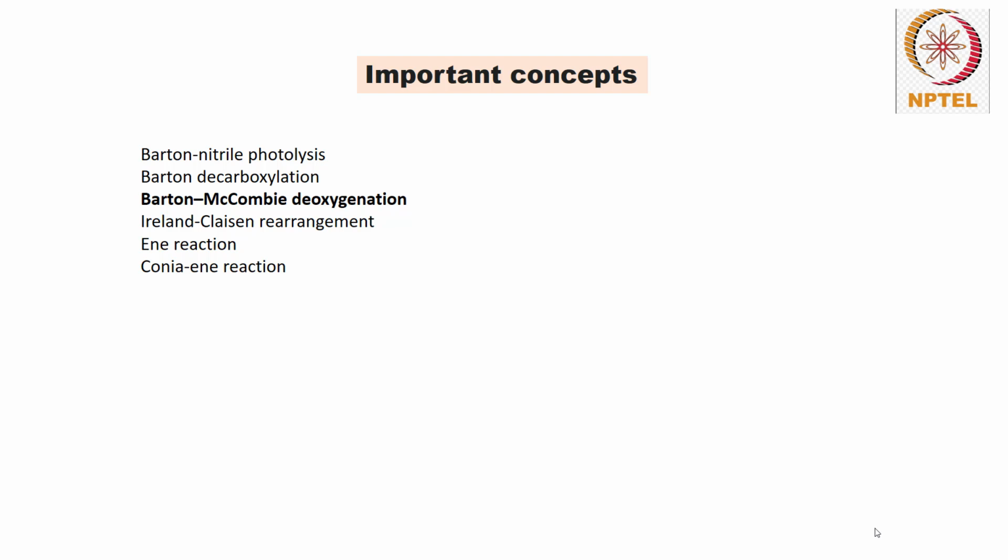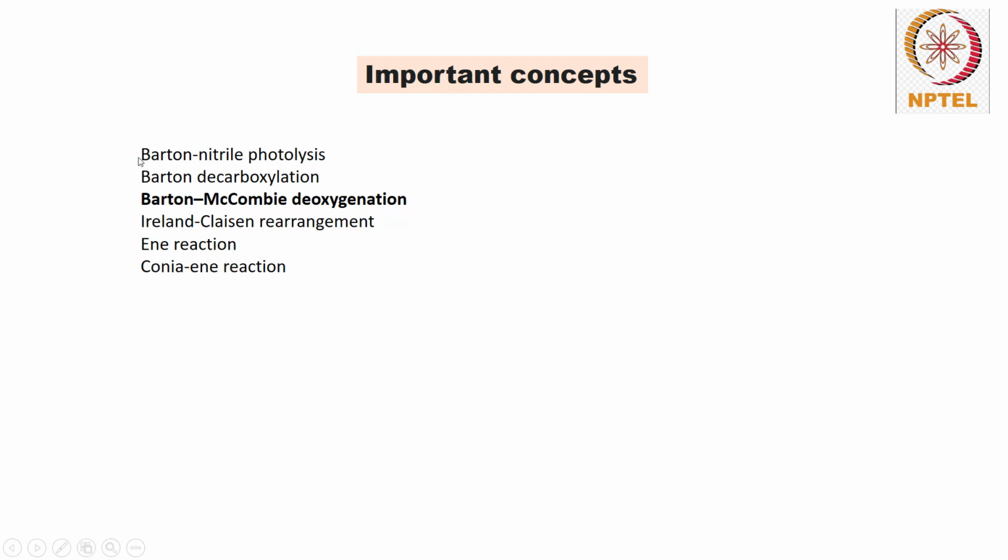I think I have covered almost all the reactions mentioned in your assignments. From next week we'll discuss a different type of concept which will help you solve your other assignments. So first today we'll discuss the Barton nitrite photolysis reaction.